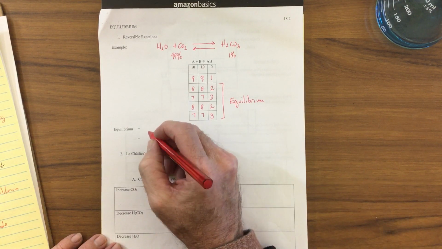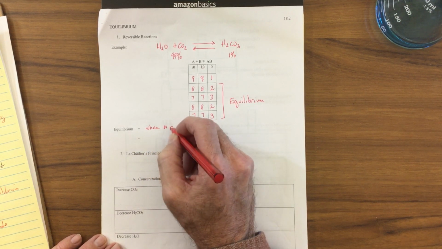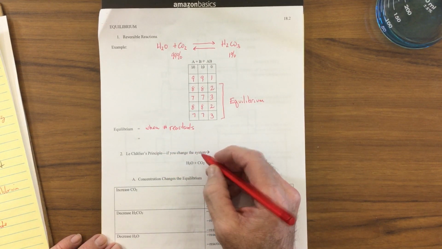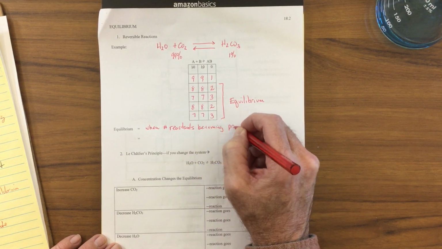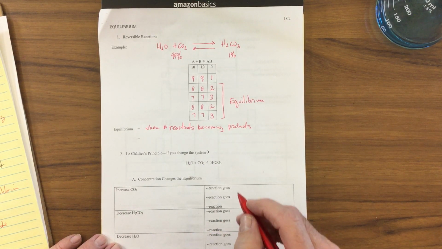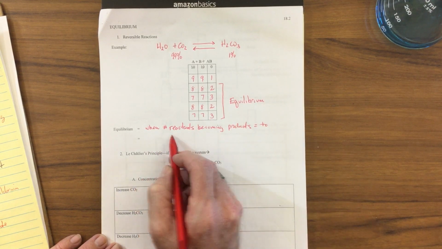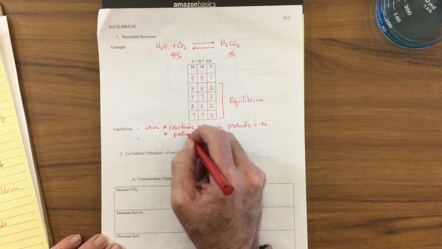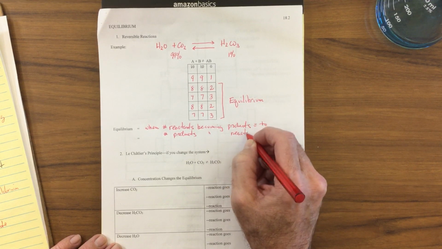So equilibrium is when the number of reactants, in this case it was the A and the B, when the number of reactants that are becoming products is going to be equal to the number of products that are becoming reactants.